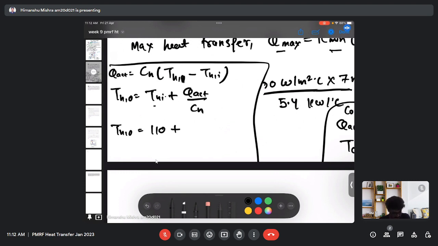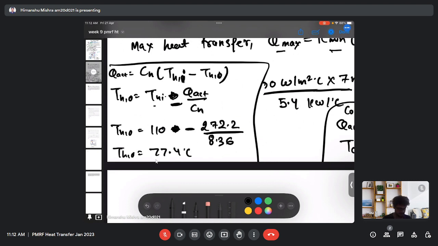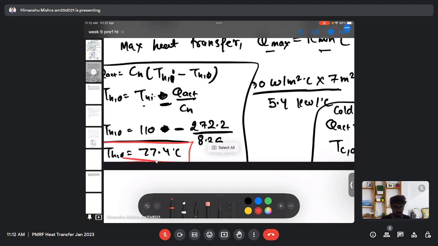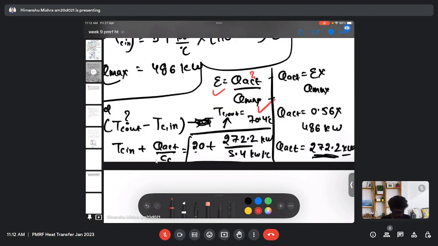Sorry, it will be inlet here, outlet here, so it will be minus here. My actual heat transfer was 272.2, my heat capacity was 8.36. So it will be 77.4 degrees Celsius. So this is the outlet temperature of hot fluid, which is 77.4, and this is my outlet temperature of cold fluid, which is 70.4.